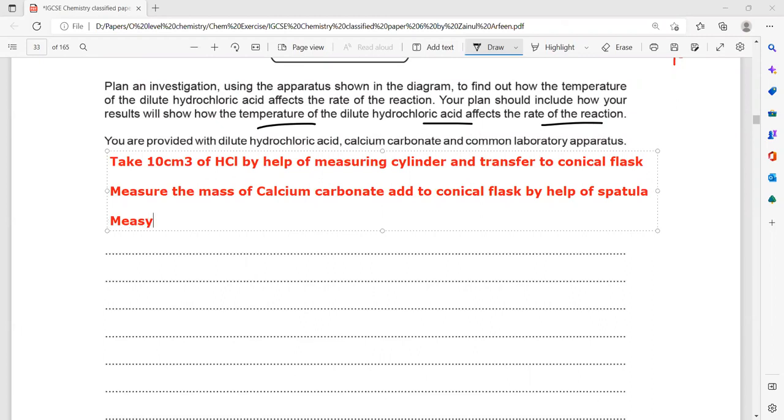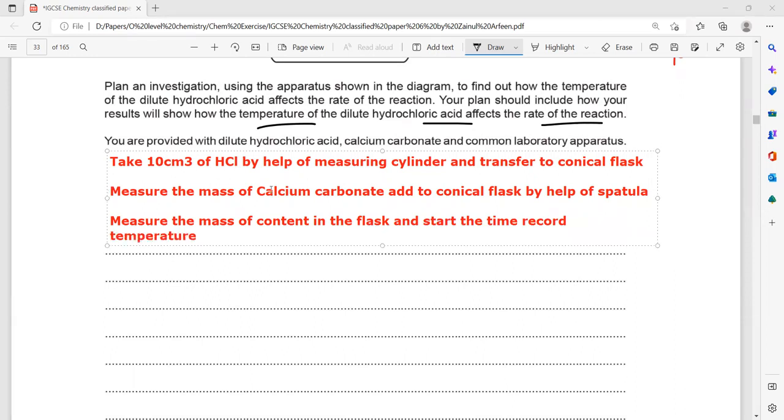Then we will measure the mass of the contents in the flask, start the timer, and record the temperature. Yes, you can also write add a known mass of calcium carbonate. That is also correct.